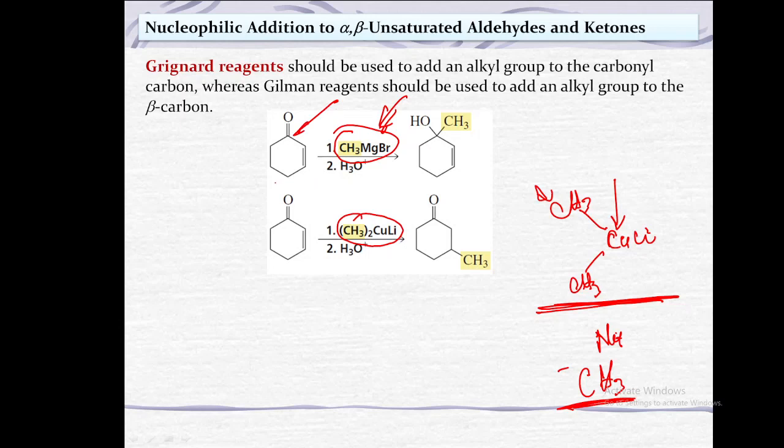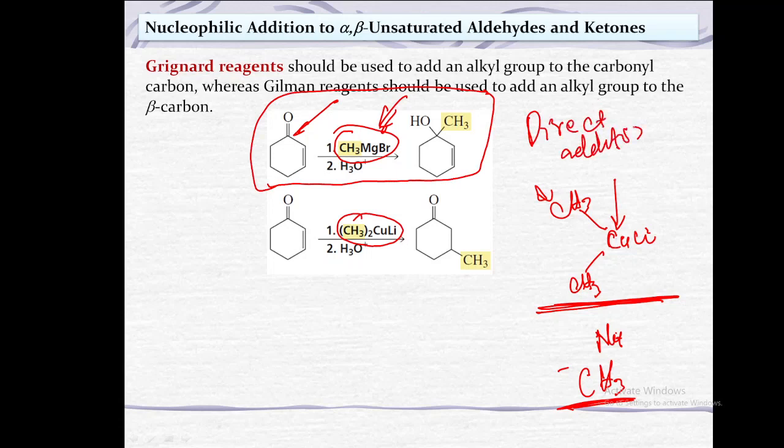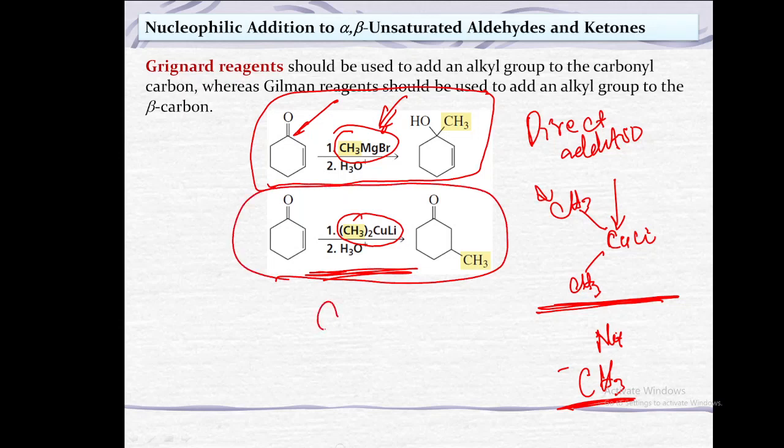So if we use methyl magnesium bromide, we get a direct attack or direct addition. And when we use a slightly bigger nucleophile, the reagent, the way it comes, it will prefer a conjugate addition.